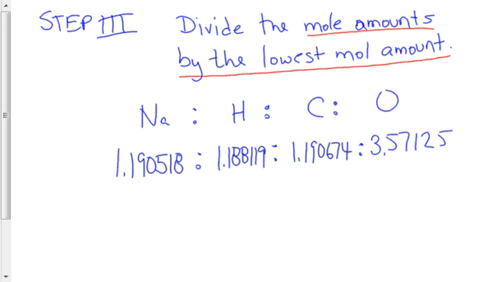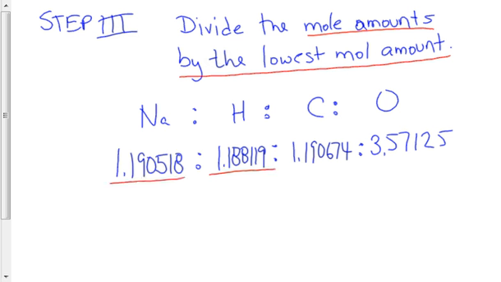Okay, first thing to do, where is the lowest mole amount? 1.18, 1.19, 3.57. Well, I think the lowest mole amount is right here, 1.188119 moles, and it's the hydrogen. So I've set it up with sodium, hydrogen, carbon, oxygen to keep track of where my different elements are.